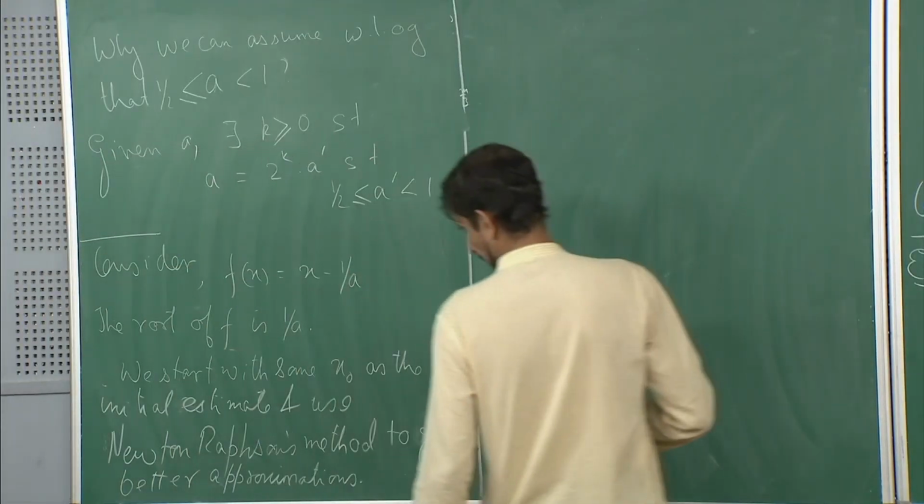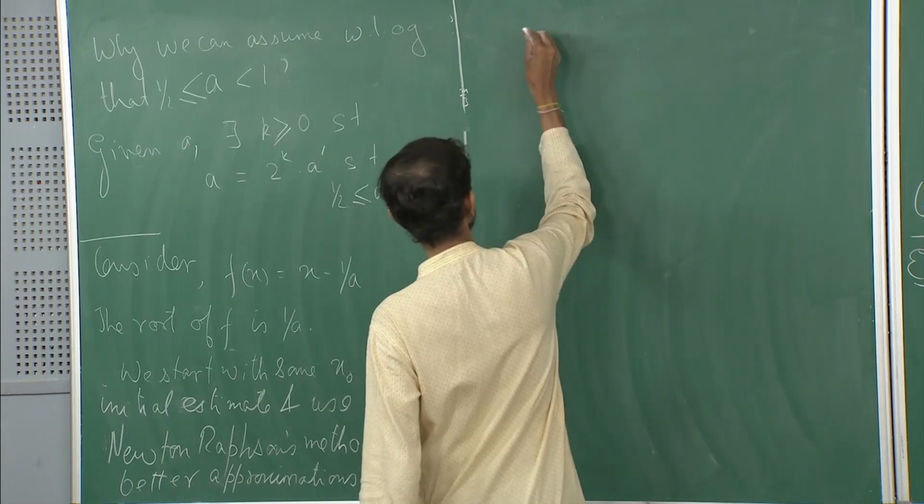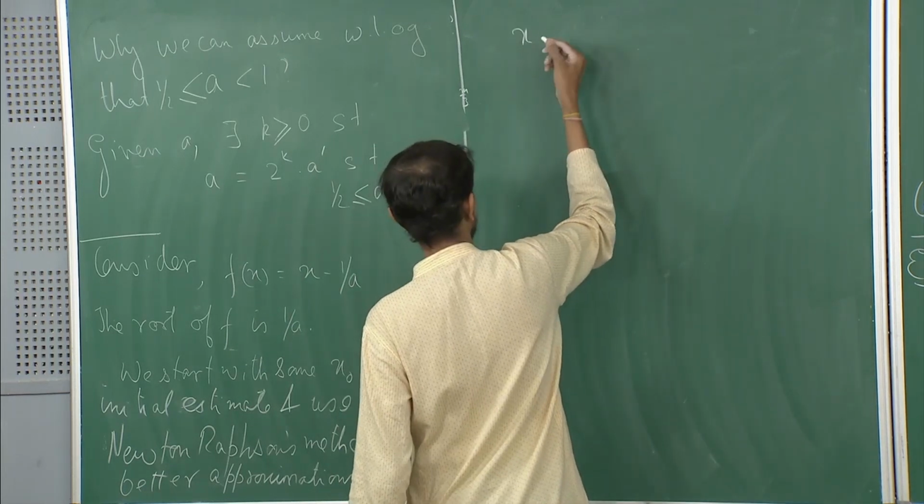So how do we do this? We all know this. Let's say we have some xi.